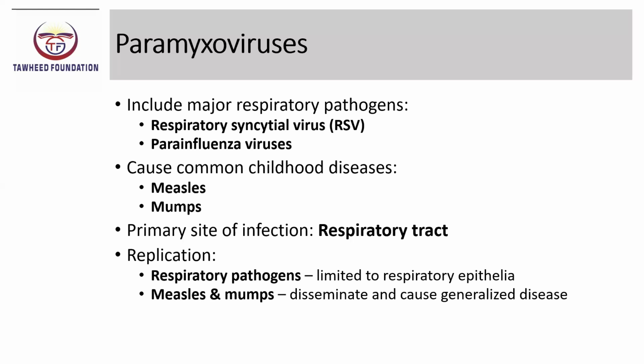These viruses are the major respiratory pathogens in this age group. All members of this virus family initiate infection via the respiratory tract. Replication of the respiratory pathogens is limited to the respiratory epithelia, whereas measles and mumps become disseminated throughout the body and produce generalized disease.